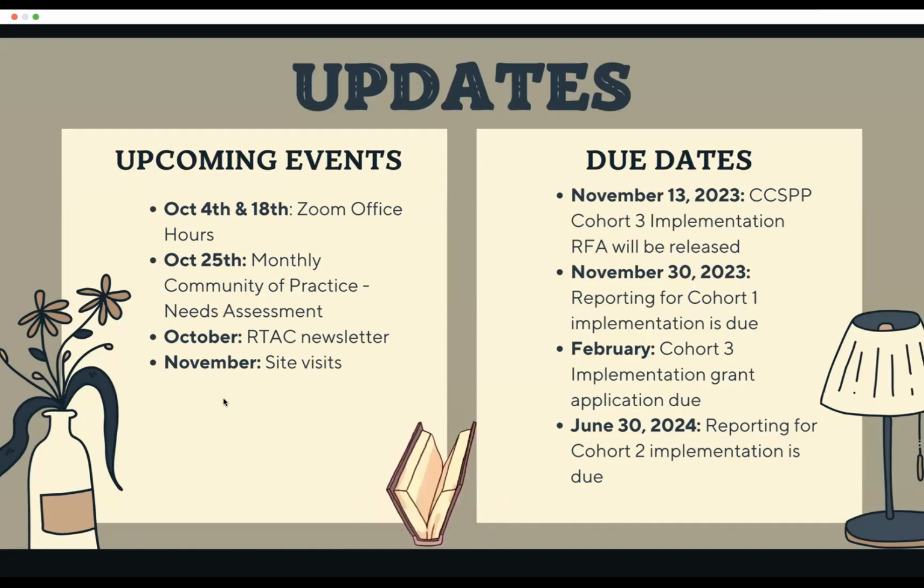And then November 30th, and I don't have details on this, that can be found through CDE, we'll be reporting for cohort 1 implementation. And then in February, the implementation grant application will be due for cohort 3. And then June 30th, reporting for cohort 2 implementation is due.